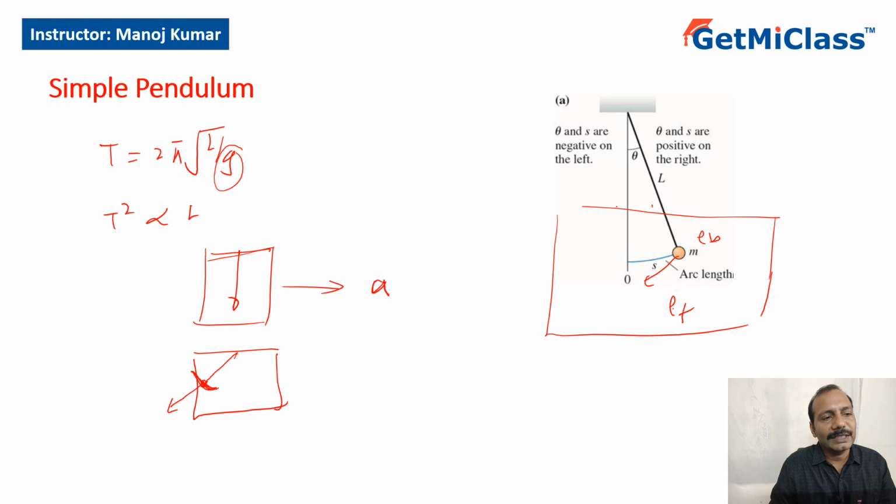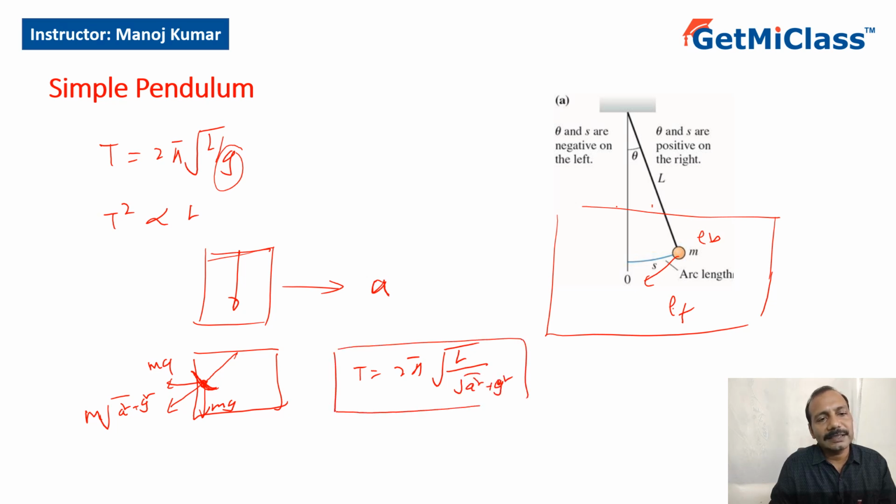Net force would be equal to m times √(a² + g²). Why √(a² + g²)? Because mg is acting like this, ma is acting like this. This is the net force. So what will be the time period? Time period would be 2π√(L/√(a² + g²)), the effective acceleration being √(a² + g²).